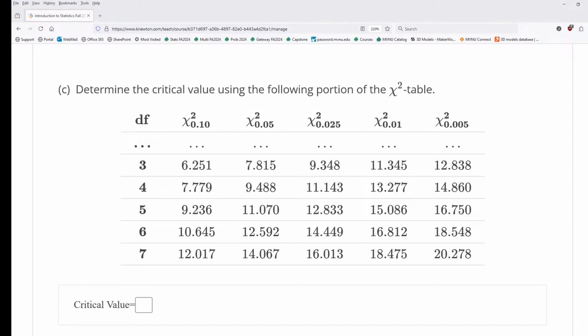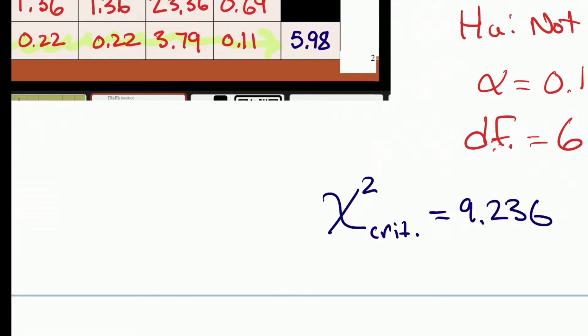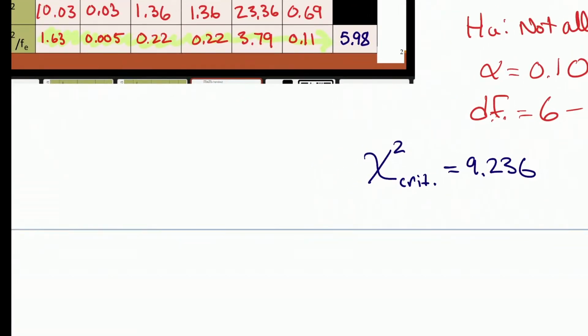Whoops, you can't see my answer. There it is. Now you're going to compare your value with the critical value. Since mine is smaller than the critical value, we're going to fail to reject the null hypothesis. So when chi-squared is less than chi-squared critical, you fail to reject.